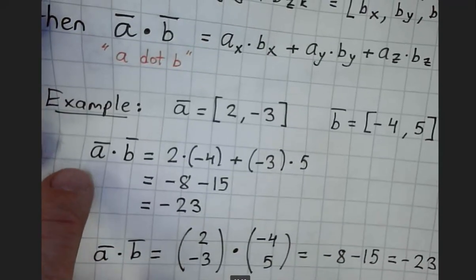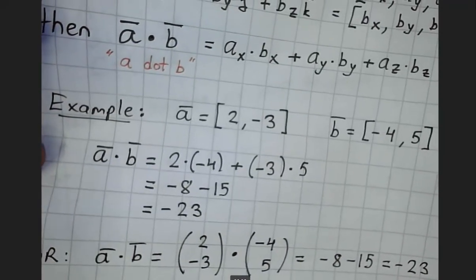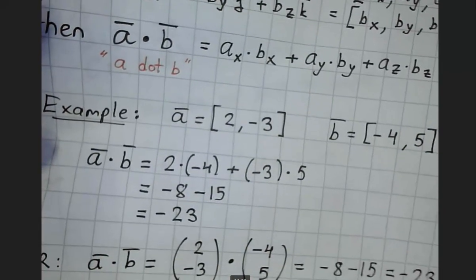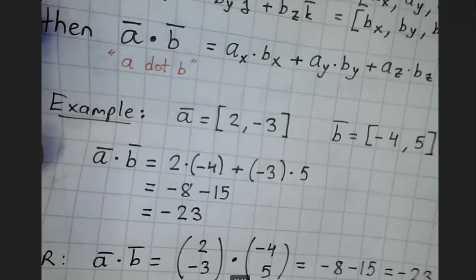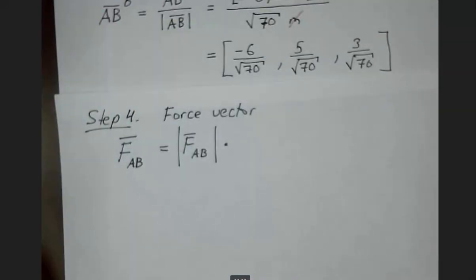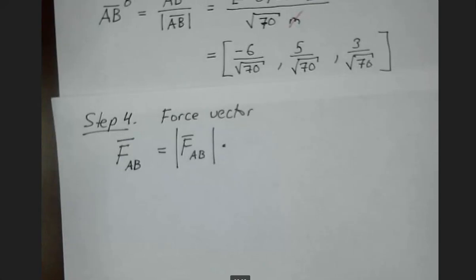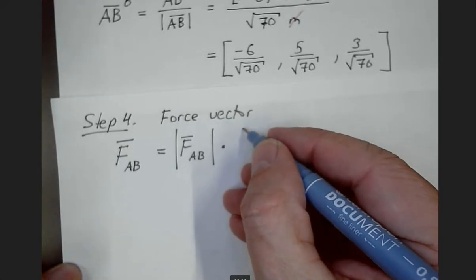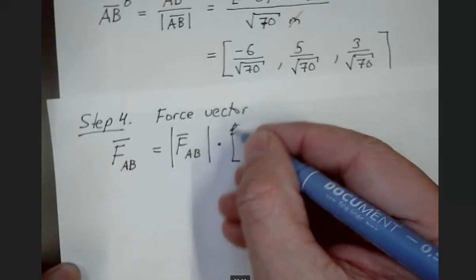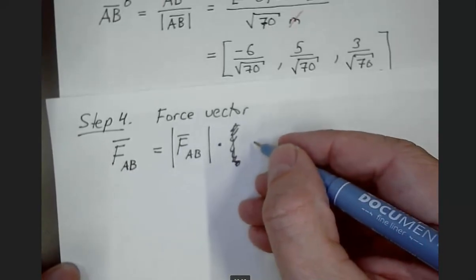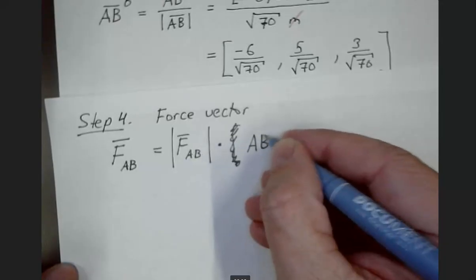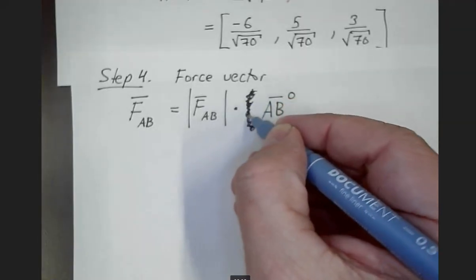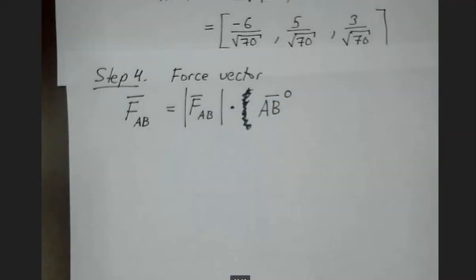For example, dot product A dot B, where A is a vector and B is a vector, and we made that dot product with the help of those vectors. But in this case we don't. This is only a simple multiplication. We are having the unit vector AB.